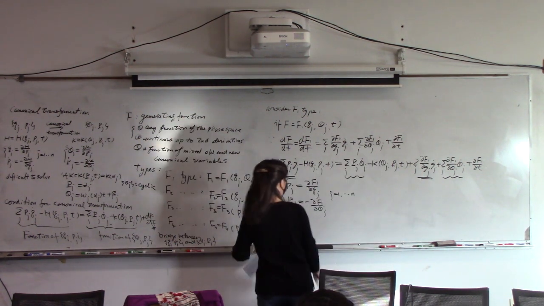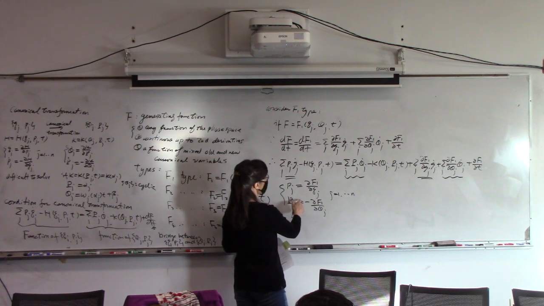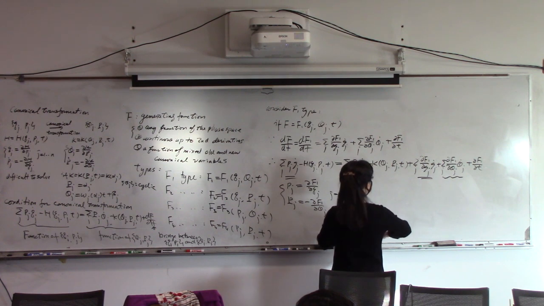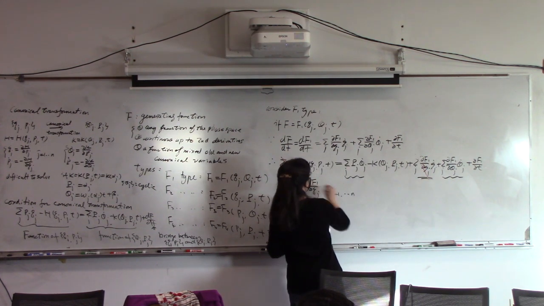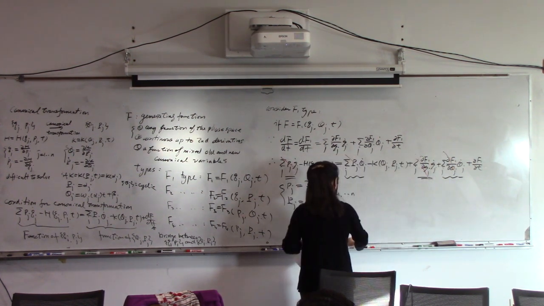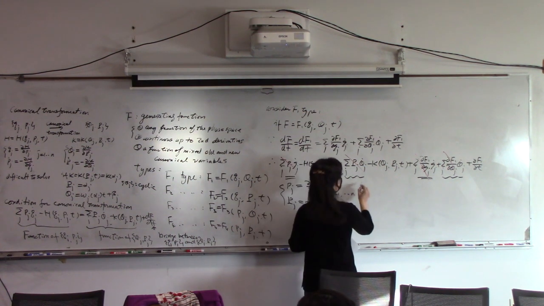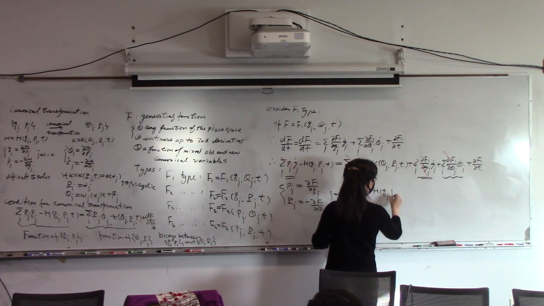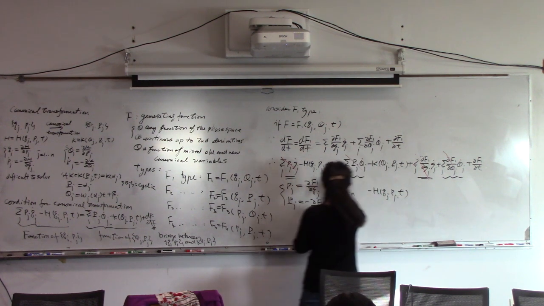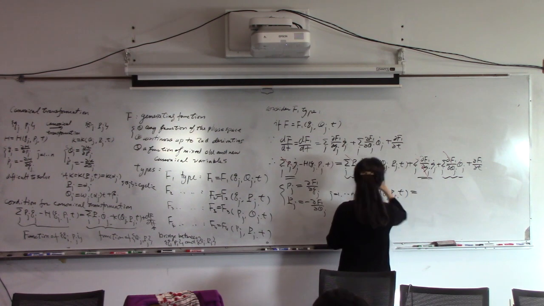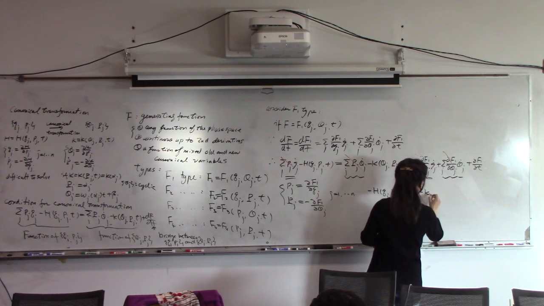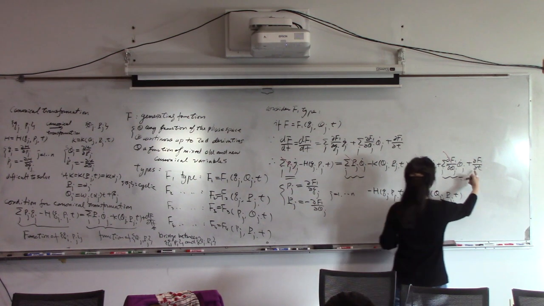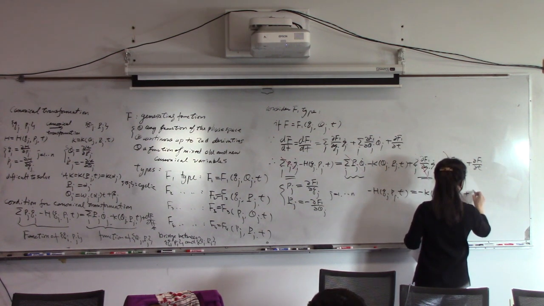With these conditions, this term cancels, and the equation reduces to: the left-hand side is negative Hamiltonian H(qj, pj, t), equal to the right-hand side, negative K(Qj, Pj, t), plus this term.